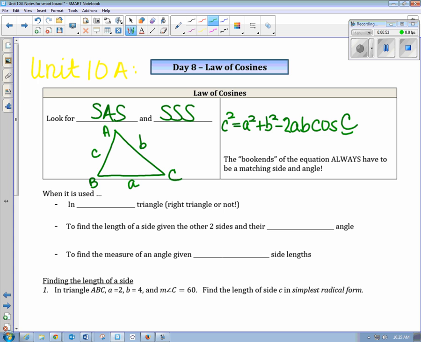And the bookends must be matching, meaning whatever side c you have over here, the ending angle has to be the same letter. So there's lowercase c and uppercase C.